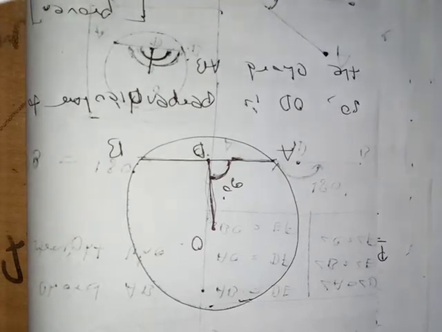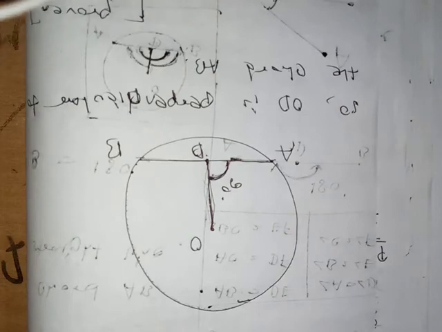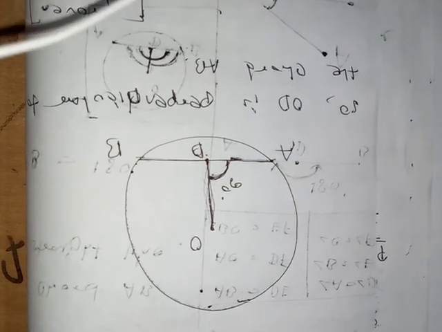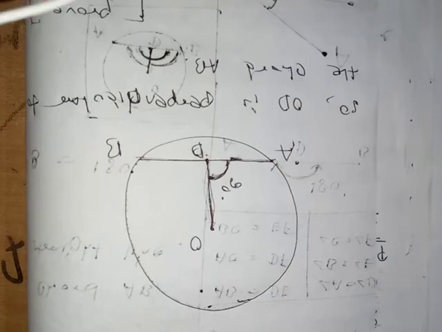Always try to prove any geometric problem step by step with the help of a diagram. It will be a lot easier for you if you prove every single line following the diagram.